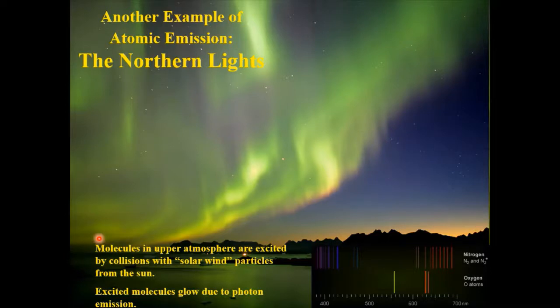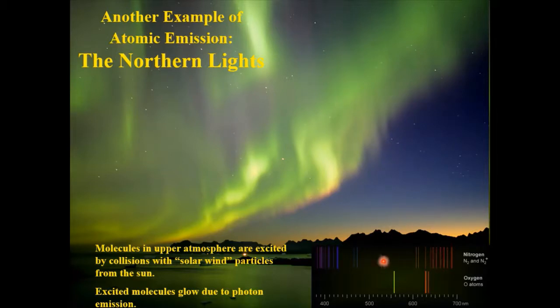And we'll look at this in a little more detail later in the course when we study the sun. But for now, we can just see this glowing, shimmering effect high up in the atmosphere. And again, this is caused by the oxygen and nitrogen atoms, or molecules, in our atmosphere glowing. And they're giving off an atomic emission spectrum, basically.